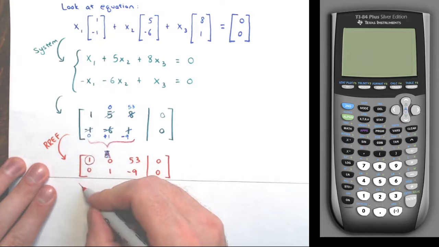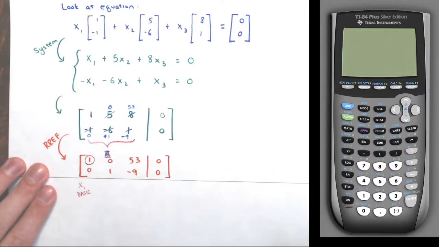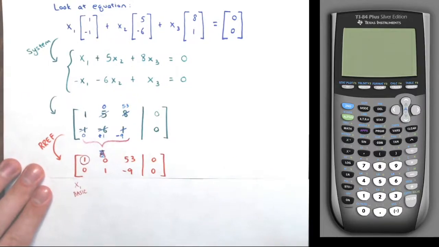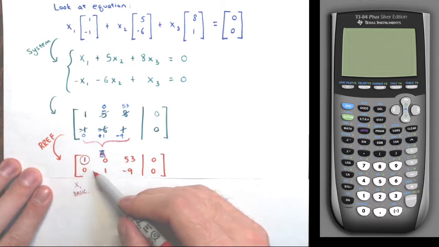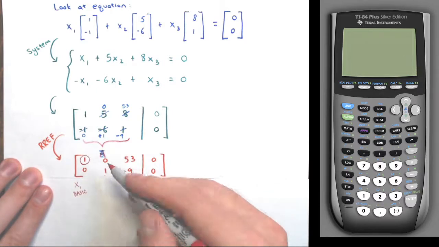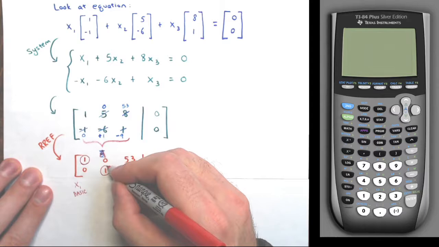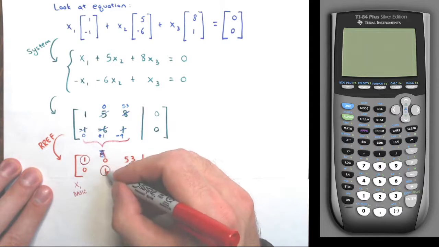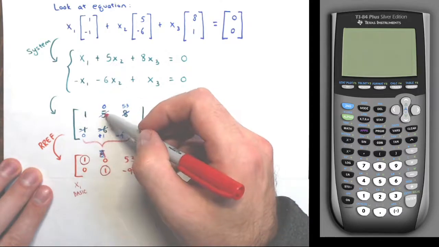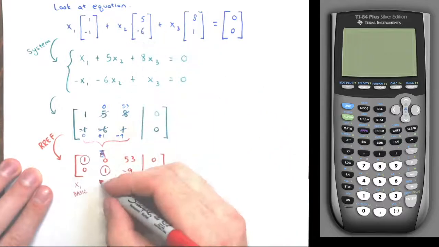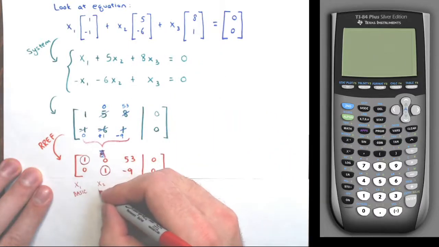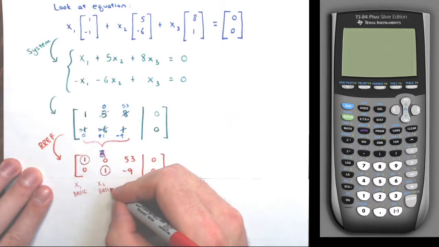So x1 is what they call a basic variable, any variable corresponding to a pivot column. The second row, the pivot position, that first one there is in the second column, and that corresponded to this column of coefficients of x2. So x2 is also considered a basic variable.